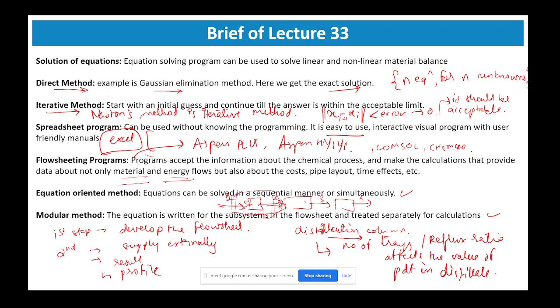Once you get this information for stream number 2, you use that information of stream 2 to solve this process, and you get information for stream 3. So sequentially you solve each module, and you use the information of the previous module to solve further.